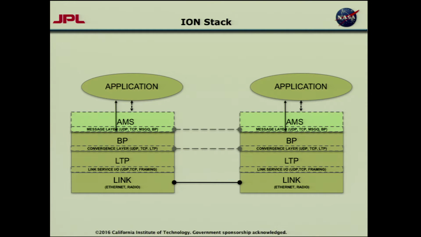So this is what the ION stack looks like. You have an application. You can either use the message passing layer, or you can go straight down to the bundle protocol layer. You can also do file transfers and things like that. You can use CFDP, which is not pictured here. And you can pass messages between the various layers right there.